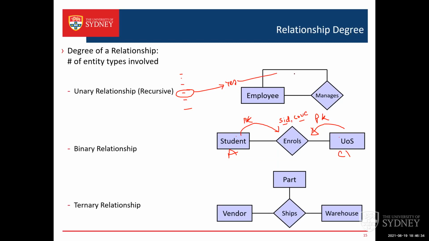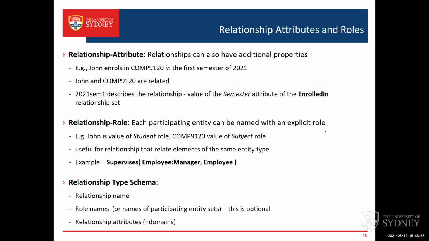In the managers table, we'll store that he is the manager and he manages these employees. So the main thing is that in the relationship table, we simply take the primary keys of the actual entities that we are trying to connect. Hopefully that is making sense.